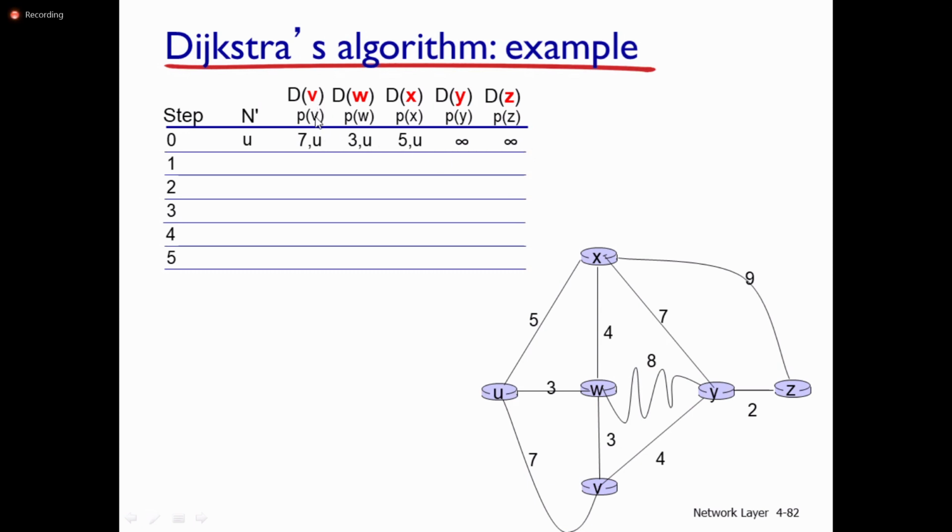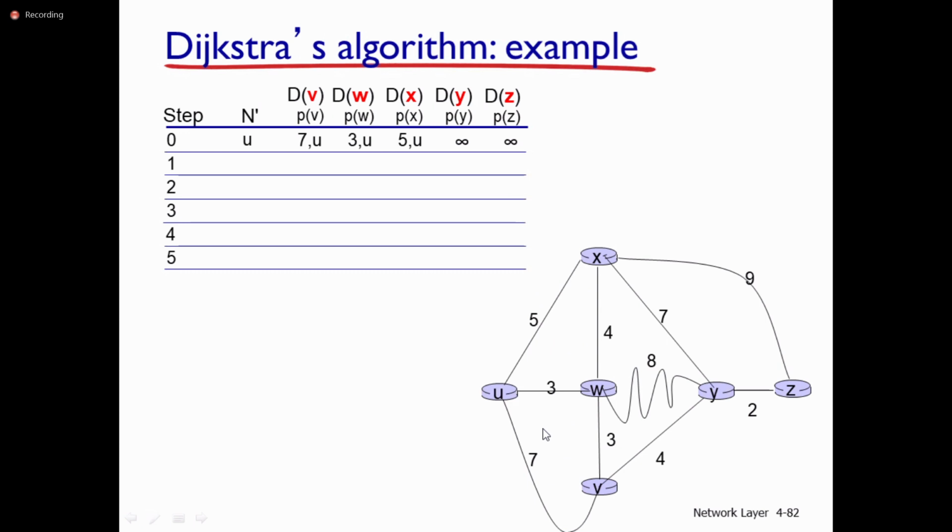This is d of v comma p of v, d of w, p of w, d of x, p of x, from U: U to V, U to W, U to X. Is my initial step clear? Because V, W, X are the immediate neighbors.